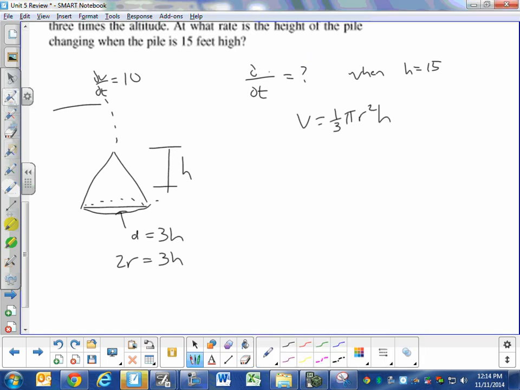It all comes back to what I'm trying to find. Since I'm trying to find dh/dt, this needs to have h's. So I will solve this for r so that I can plug in h's for r.